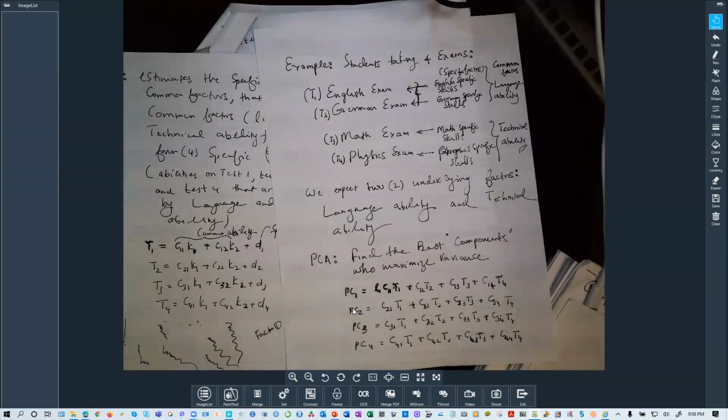Even over here, according to the Kaiser rule, you're going to go to the principal component with eigenvalue more than one. That's called maximizing. Some of them are dropped. Here it's the other way around.